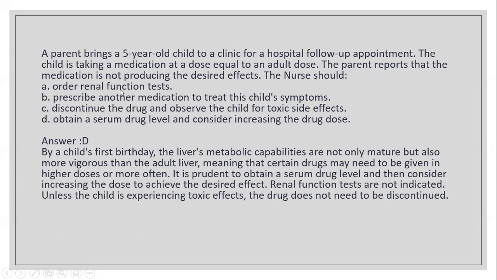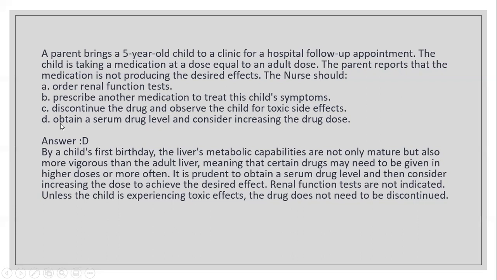The nurse should: A, order the renal function test. B, prescribe another medication to treat the child's symptoms. C, discontinue the drug and observe the child for toxic side effects. Number D, obtain a serum drug level and consider increasing the drug dose.